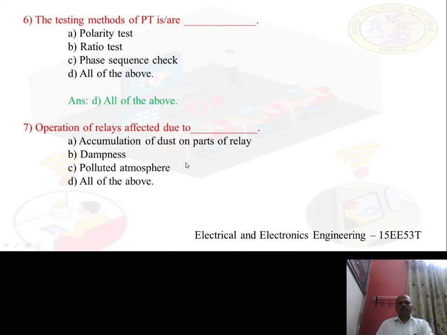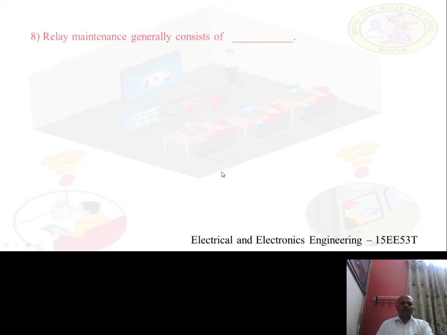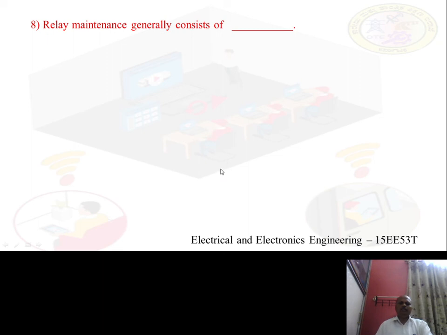The operation of relay gets affected due to dust on the parts, dampness, polluted atmosphere. The dampness and polluted atmosphere will weaken the insulation. Therefore, your answer is D. All of the above.